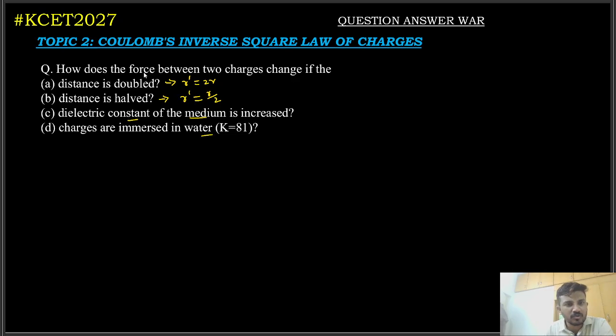So what will be the force between the two point charges? Since the force is inversely proportional to r square, for the first case, the new force F dash is proportional to 1 divided by (2r) square, so that will be 1 divided by 4 r square. So the new force will be reduced by 4 times.